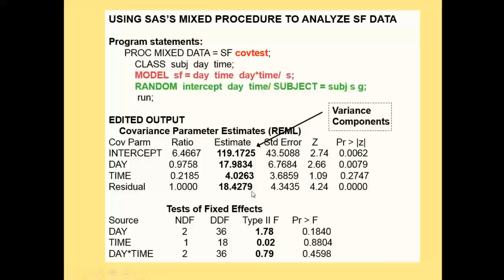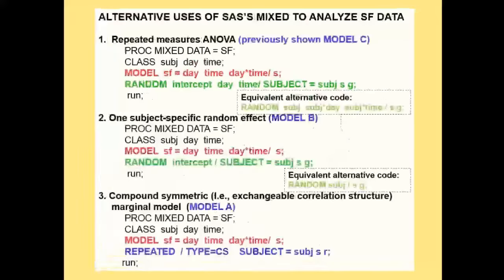That's the estimate divided by its standard error, and you get its p-value. That's what you do, okay? 0.2747. That's what it turns out to be, okay? Well, that's the area under the normal curve, okay?